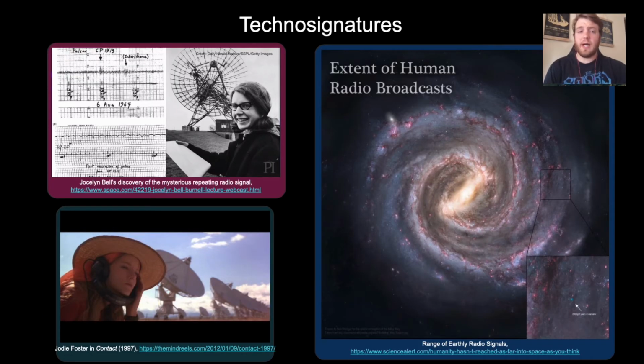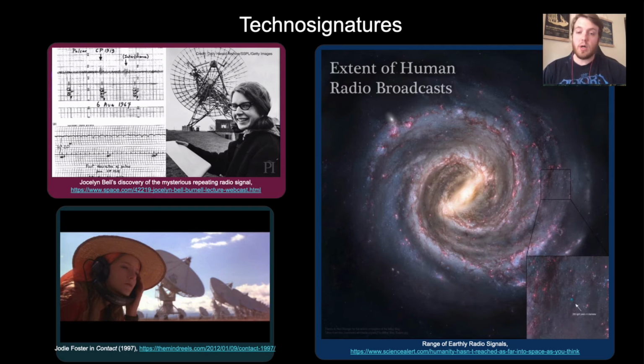So in the history of science, we've had lots of false alarms of what we assumed might be technosignatures initially. One big one that happened in the late 60s was the detection of the so-called mysterious repeating radio signal by Jocelyn Bell and her advisor, Anthony Hewish.